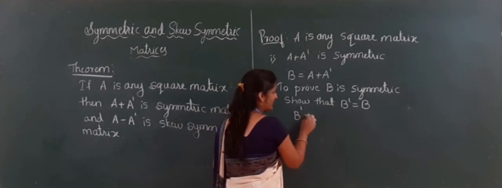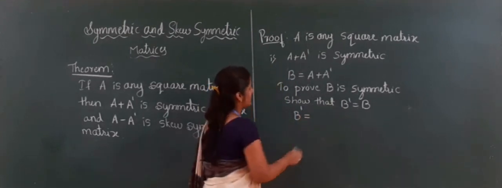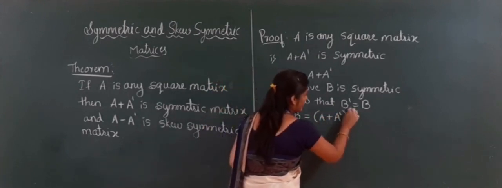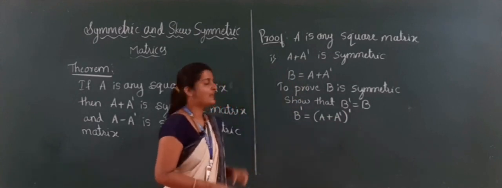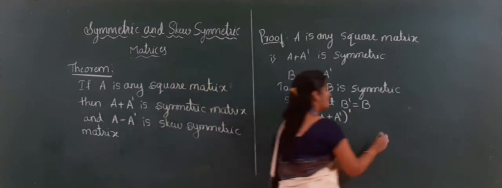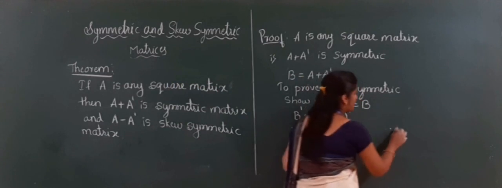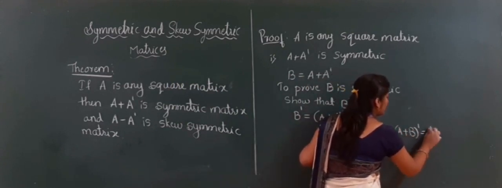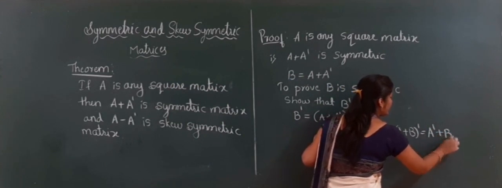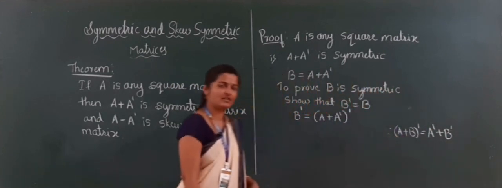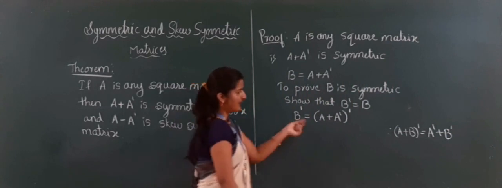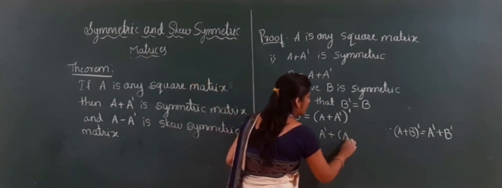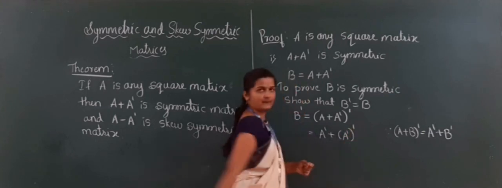So, first I will take B dash. What is B? B is A plus A dash, transpose. All of you know the properties of transpose, that is, A plus B transpose is equal to A transpose plus B transpose. Yes, in the last video we studied this. So, can I apply it here? A transpose plus, A dash transpose.